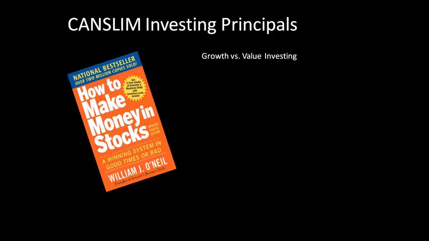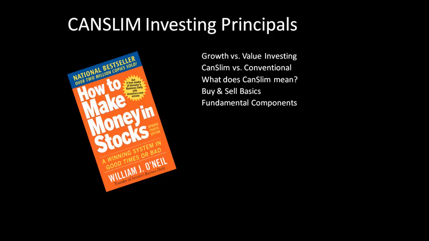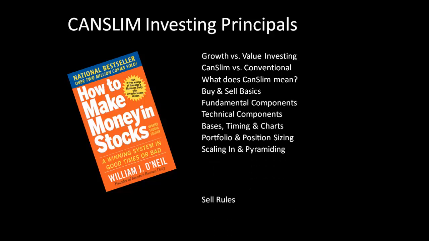So we're going to do growth versus value, CanSlim versus conventional approaches, what CanSlim means, the buy and sell basics, the fundamental and technical components, how we use bases and charts to time our entries and exits, portfolio and position sizing, scaling in and pyramiding, our sell rules, which are many, and a lot of strategies and systems you'll find out there don't actually address sell rules, which is really one of the most important aspects of trading.